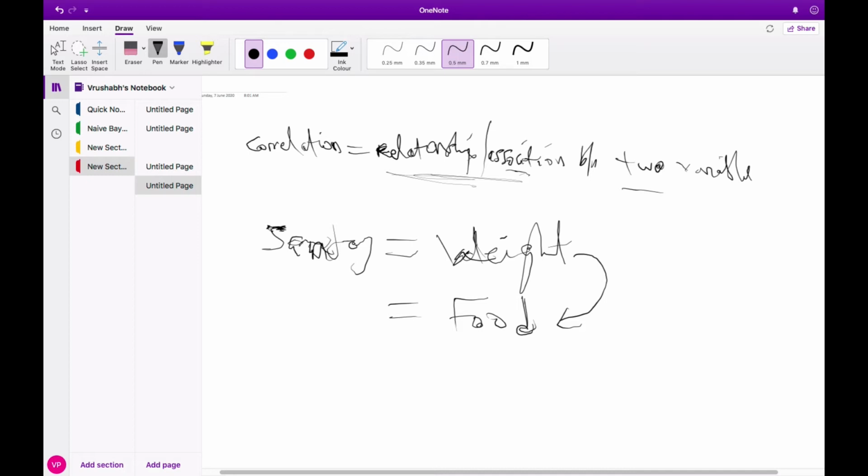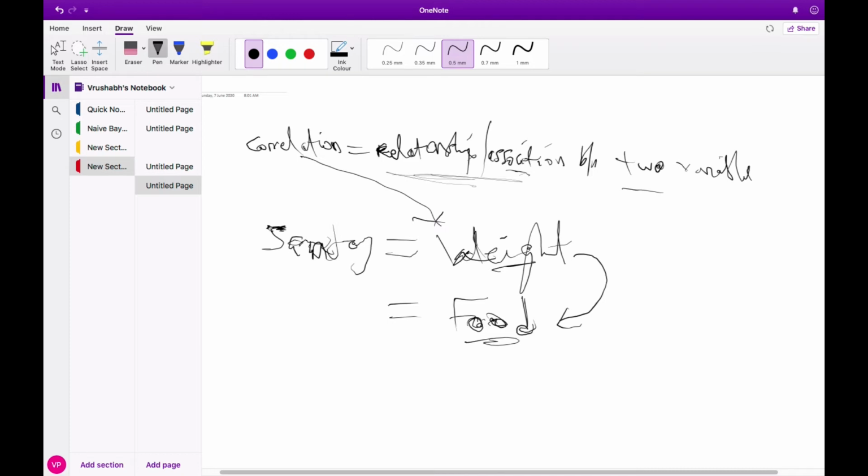Can we say that the weight of the person depends on the food the person is eating? If we are trying to answer such questions, then we are talking about correlation here.